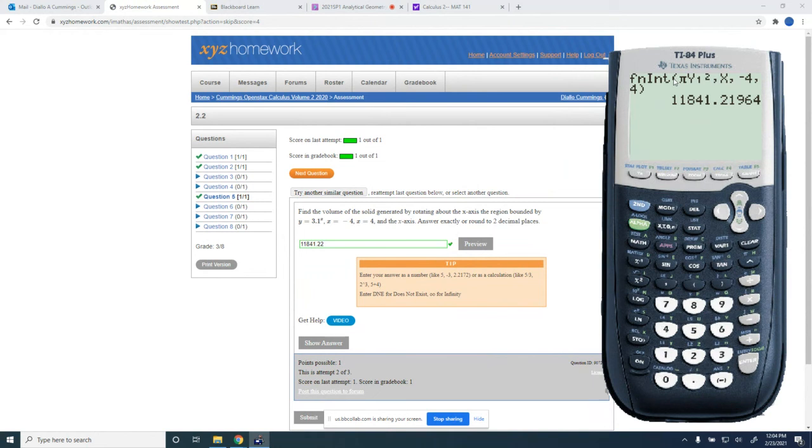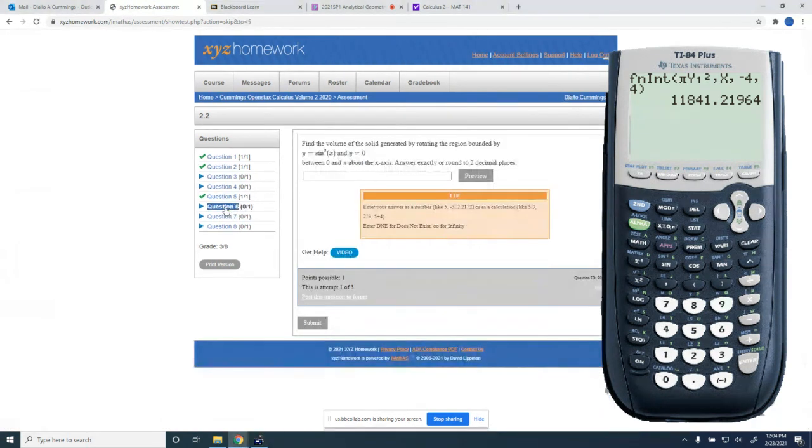All right, and we'll take a look at one more, problem number 6. So here again in problem number 6, there is no method given, right? We're simply given find the volume, we're given the function. Well, I'll take that back.